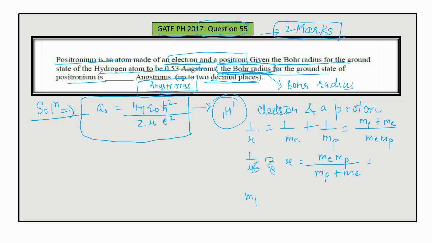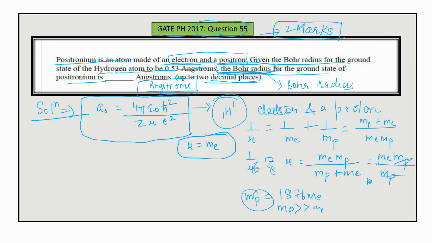The mass of the proton is 1876 times me, so it is very much larger than the electron. So in the denominator we'll keep mp, because the mass of the electron is very small compared to the proton, so this mp will cancel. That is why in the hydrogen atom, the effective mass is equal to the mass of the electron.